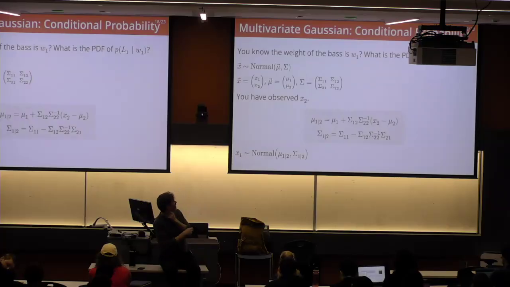So if we know some part of this Gaussian distribution, what is the probability density function of some other property?